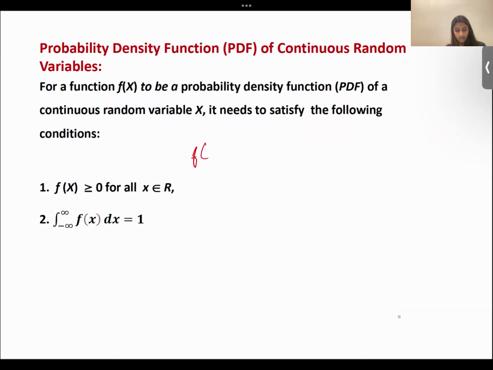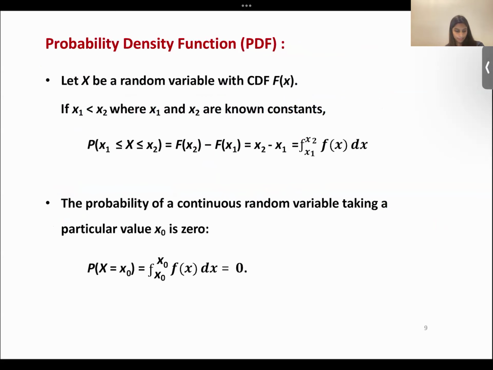It will be greater than or equal to 0, and the summation of the probabilities of all the values in the given sample space would be 1, which is again the same thing.